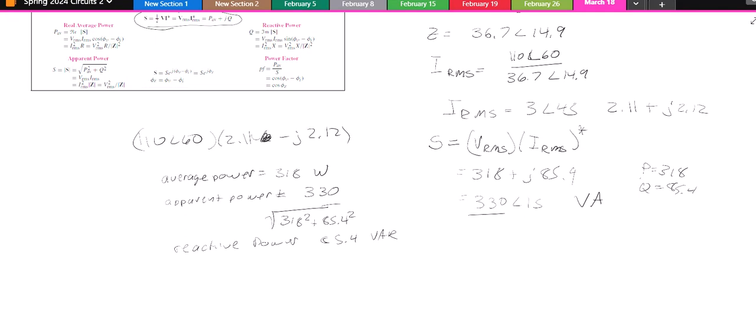And power factor is based on the phase angle of the voltage minus the phase angle of the current, which is 60 minus 45, which is 15 degrees, which is positive, so it's lagging.